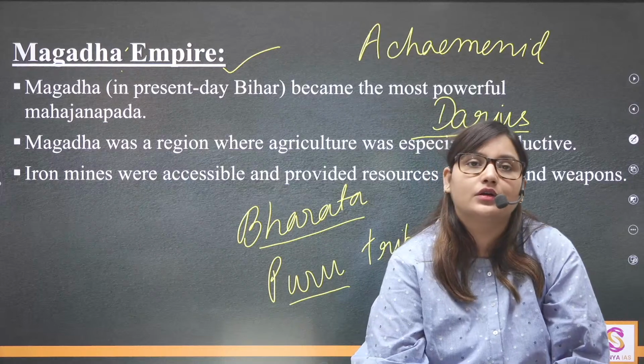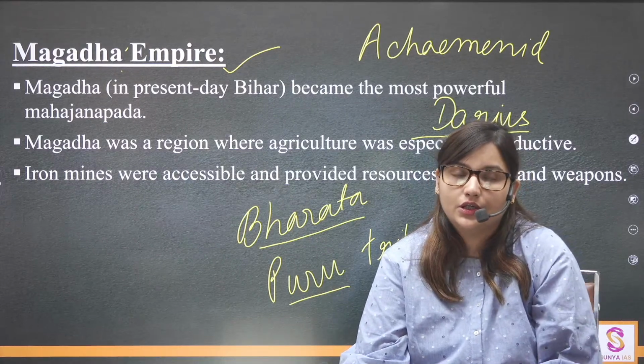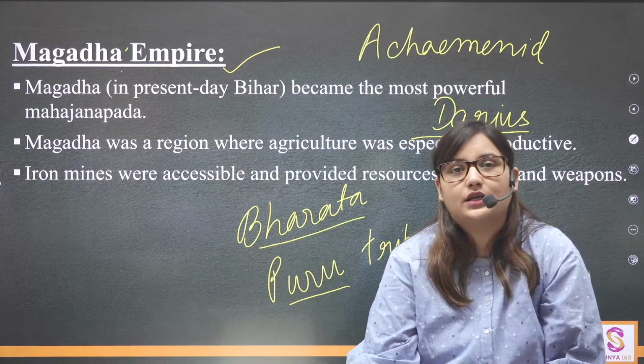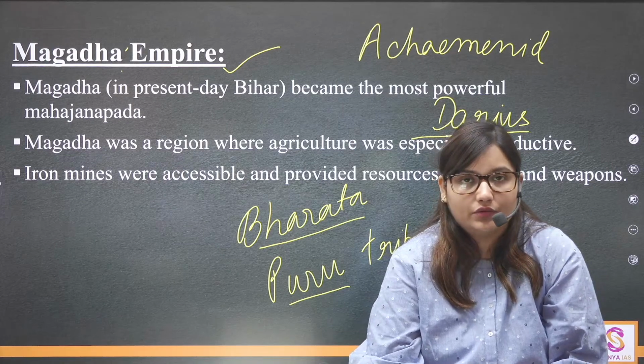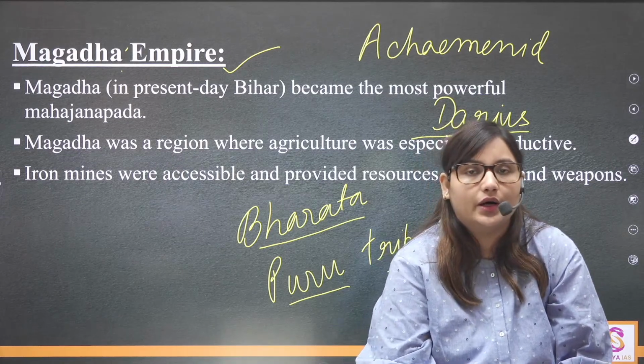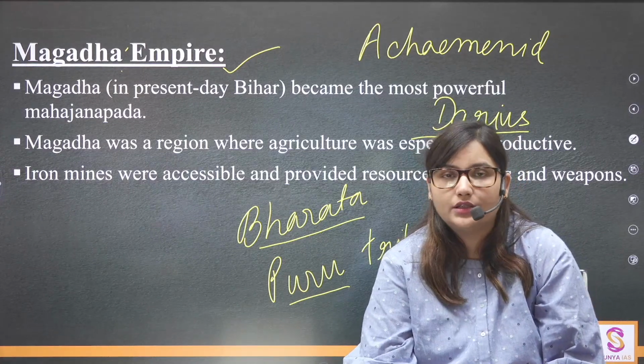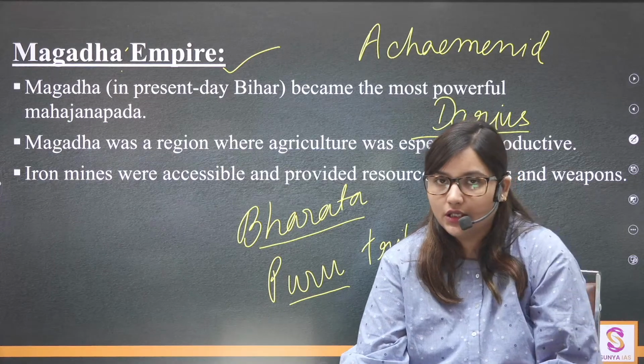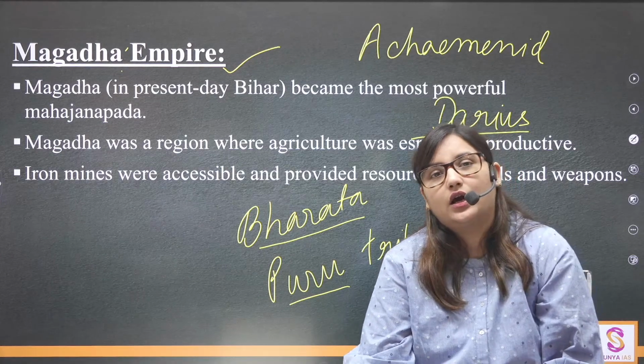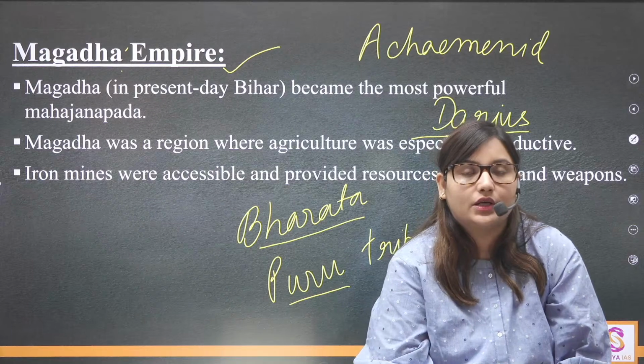Next point. The Saryu River divided the state into two parts. The northern part's capital was Shravasti and the southern part's capital was Ayodhya.